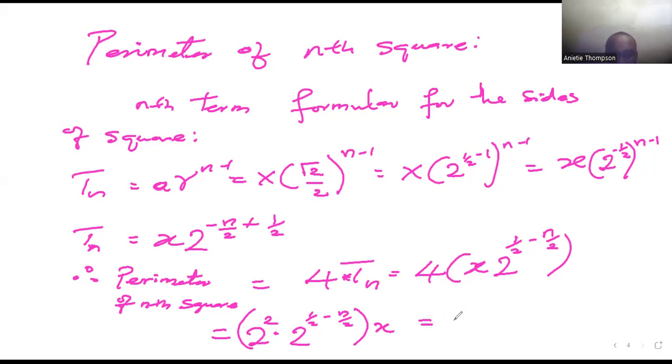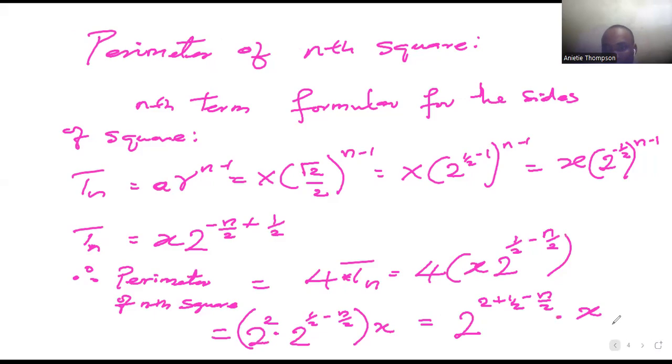Which is the same thing as 2 raised to the power of 2, then plus half, then minus n all over 2 dot x. Okay, and we bring that down here. Perimeter equals to 2.